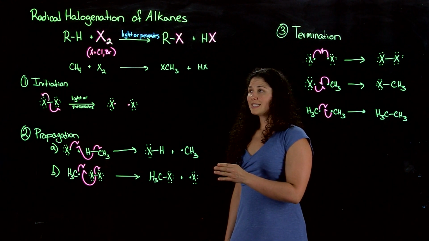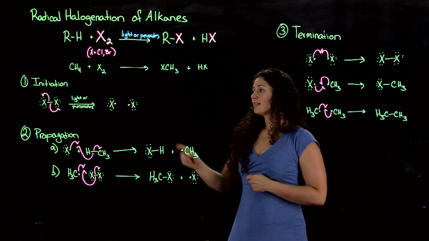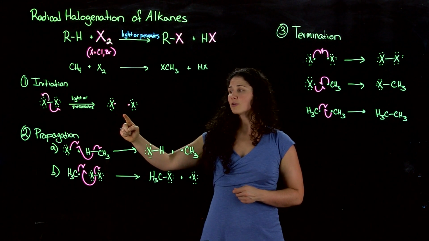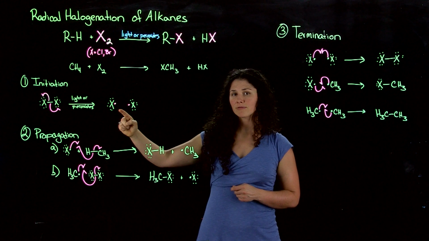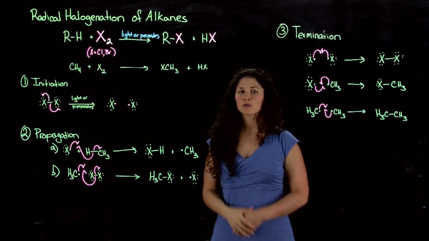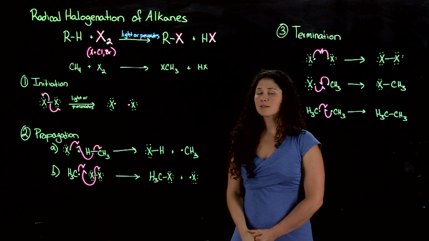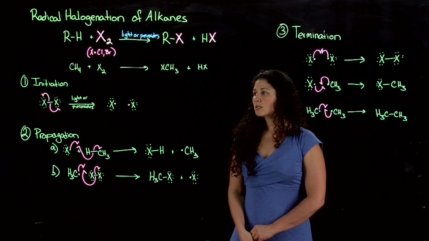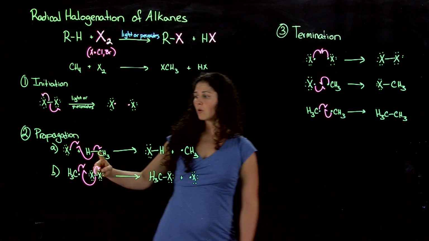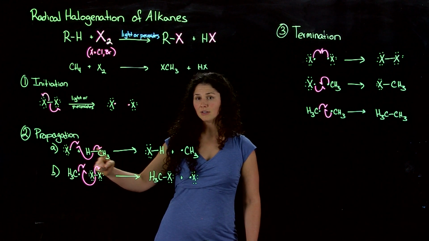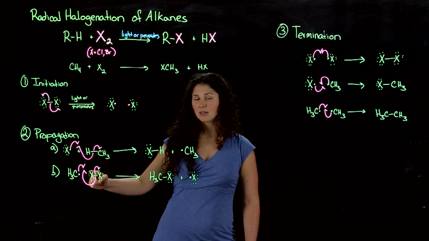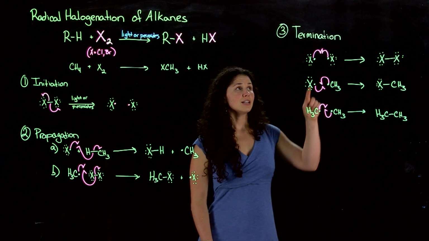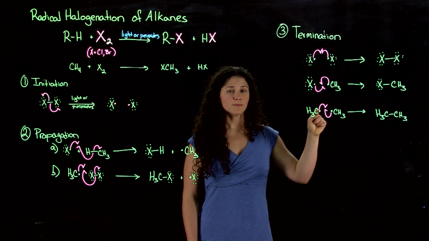What I didn't mention was that the initiation step happens and produces only a small amount of these radicals. So at any time in solution, there's a very small relative amount of radical species compared to the non-radical species. It's much more likely that a radical is going to run into a non-radical, like in these propagation steps, than for two radicals to run into each other.